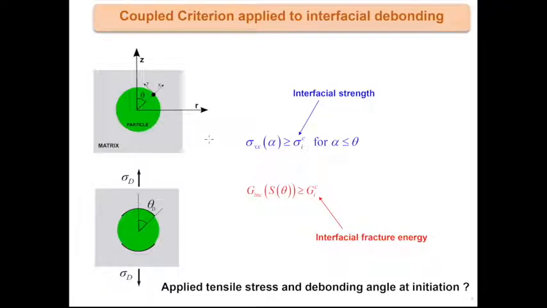And what we would like to capture is the critical stress at onset of debonding and the angle which corresponds to the debonding along the interface. We are going to apply the coupled criterion, which combines the stress condition and the energy condition.